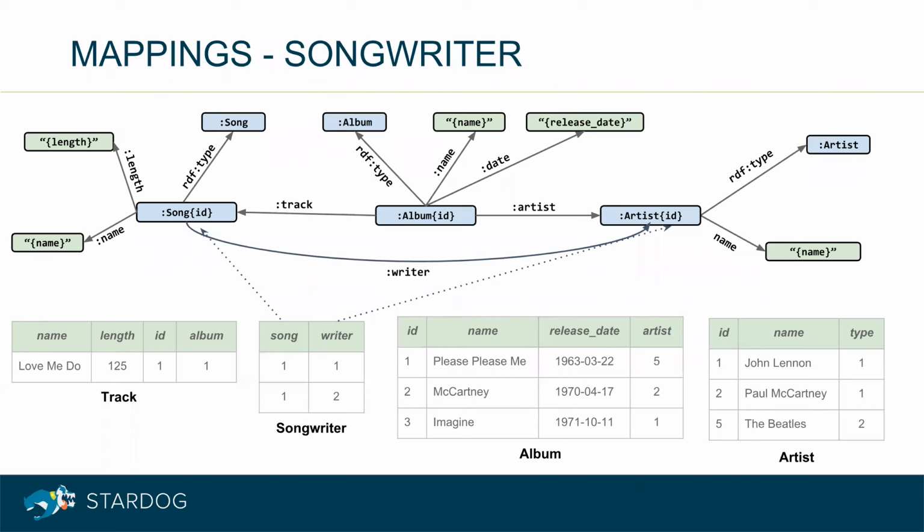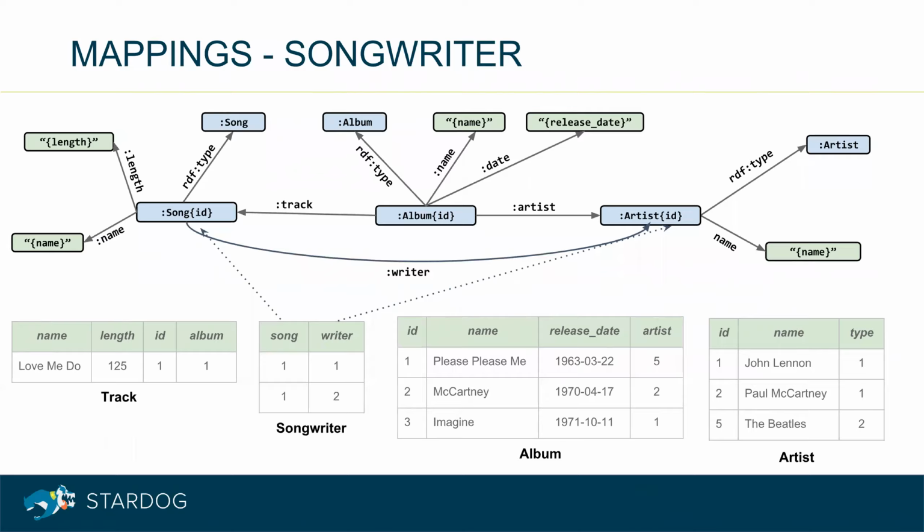And so if you look at the table here, there's the song identified by ID 1, which is Love Me Do. And there are two writers for this song, artists with ID 1 and 2, that correspond to John Lennon and Paul McCartney. And so when we map a junction table like this to the graph, what happens is we get a single triple as a result of that mapping.